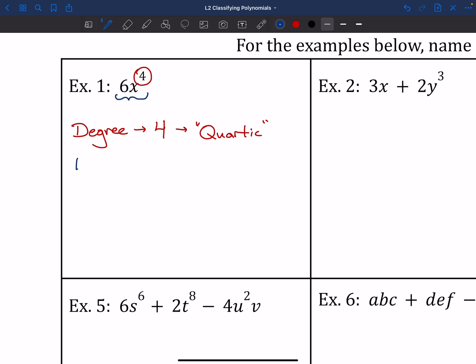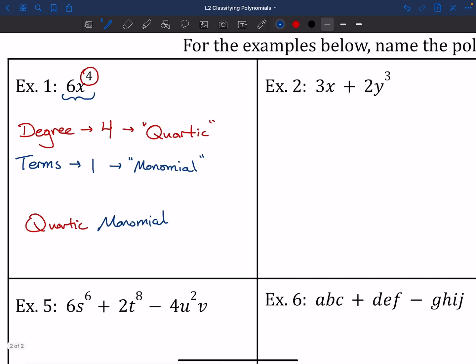I'm thinking about how many terms it has. It's just one, right? If it has just one, we call it a monomial, right? Mono meaning one, right? So the overall name for this is exactly what I've got there, right? We would call this a quartic monomial, right? And that's all we're trying to get to. Quartic monomial, cool, done.